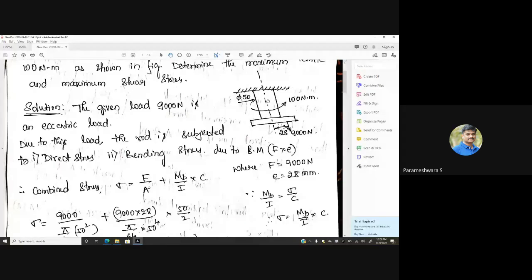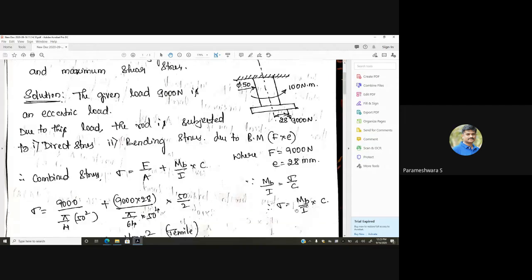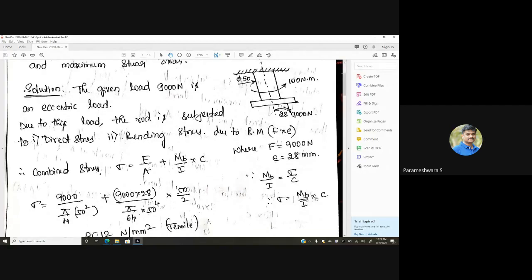Just taking the normal stress is not sufficient. In addition to that, you have to take the effect of the bending moment due to this force of 9,000 newton. The bending stress induced due to this bending moment can be calculated using the formula taken from the bending equation, where sigma is equal to M_b by I into c.